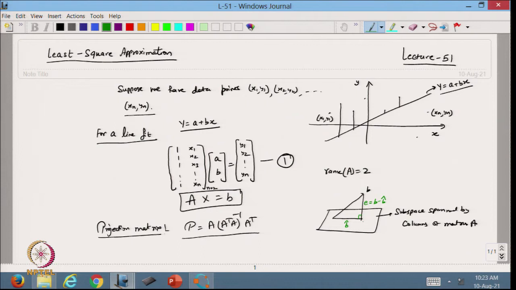If I apply the projection matrix P on B, I get B hat.